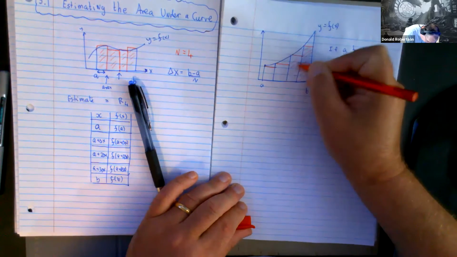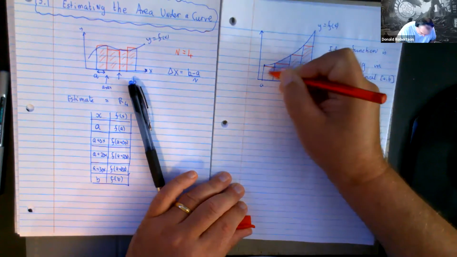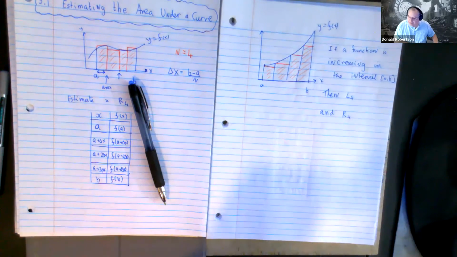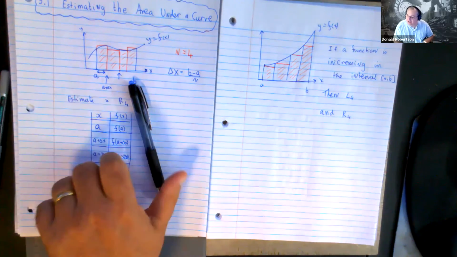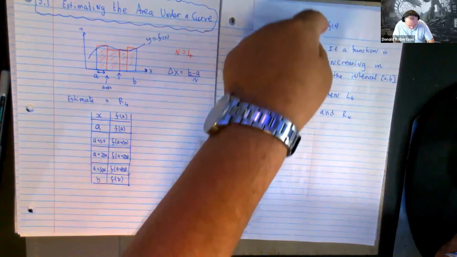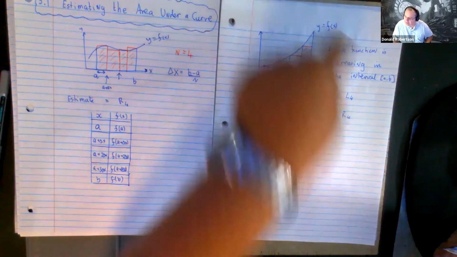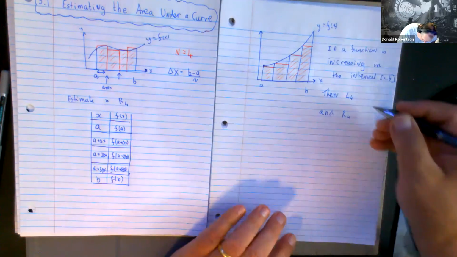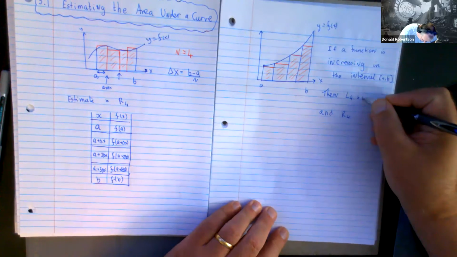And you see L4 is what we call an underestimate. It means it's less than the real answer. Would you agree that these 4 rectangles add up to an area that's less than the area under that curve? So L4 is an underestimate.